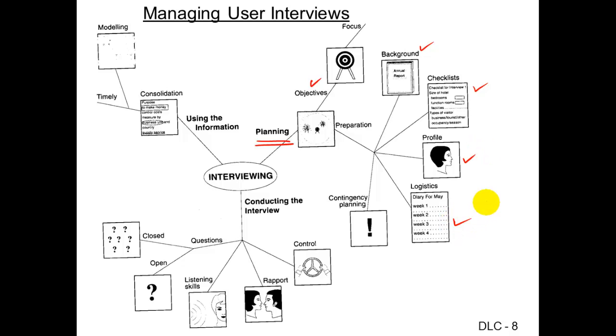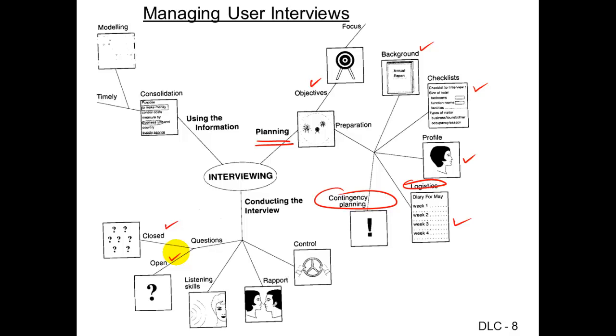Sometimes the interview may occur over a whole week, so you need a list of logistic items that you need to pay attention to, and some contingency planning, in case some equipment doesn't work. In actual interviewing, prepare a list of questions, which can be open-ended or closed.